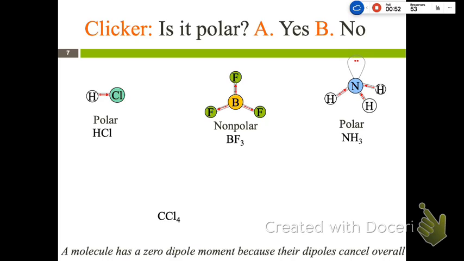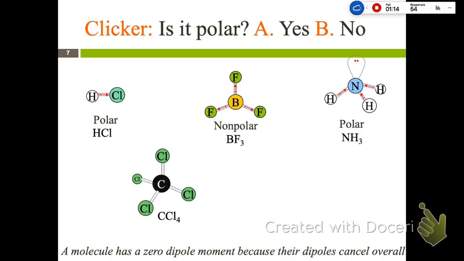Couple more seconds. Check with your neighbor. Still have about 20% of the class that's disagreeing with what we initially found. Make sure you save your neighbor. All right, looks like we're not changing anymore. Closing out.